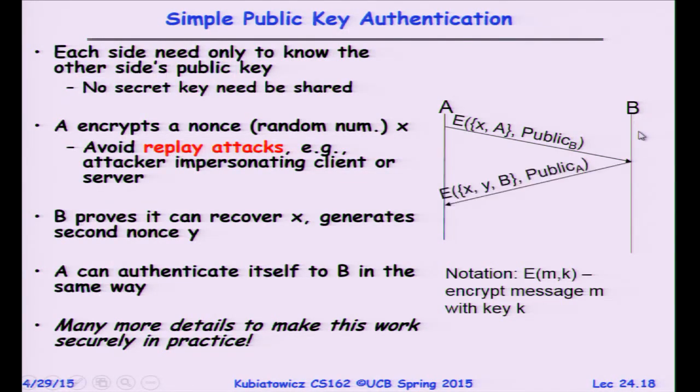So only B can do the reverse, decrypt this, and now it knows X and it knows A. It can send back X and a new random number Y that it generates and something that says it's B, and it encrypts it with A's public key, and now only A can undo that. A can send back to B saying, hey, look, I did decrypt that, so I'm really A. So if you look at this exchange, only public keys are involved, and when you're done, both sides have two random numbers, X and Y, that you can now use for symmetric key encryption.